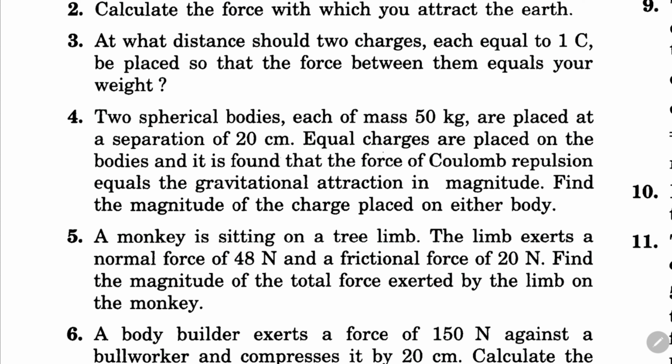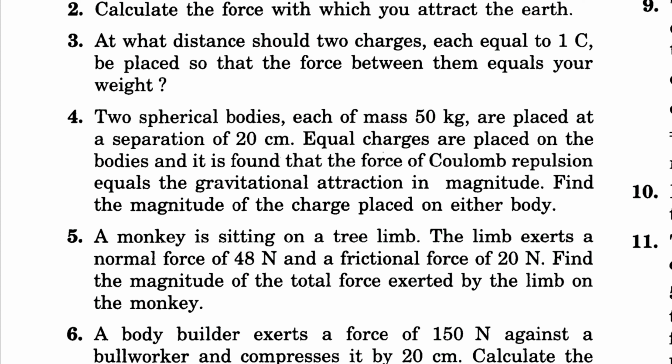Now in question 4 we have two spherical bodies, and the masses of both the bodies is 50 kg and the separation is 20 centimeter. Then we are placing equal charges on the bodies, so they will obviously repel because same charges repel each other. They will try to go away.